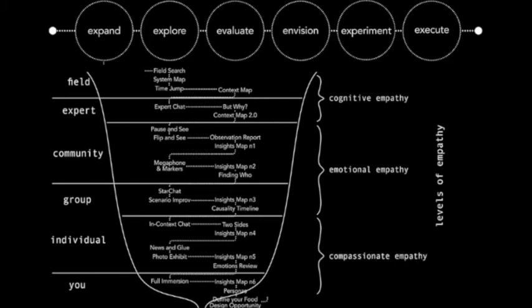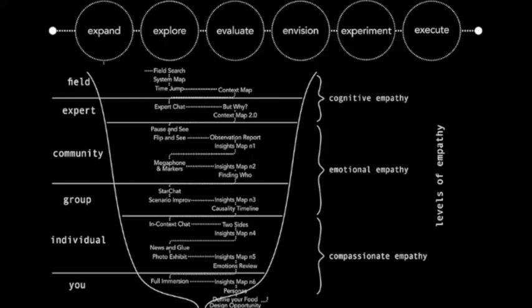And finally, the food design thinking process helps the food designers reach compassionate empathy, where not only we understand how other people feel, not only we feel how they feel, but we feel how they feel so much that we are moved to help. And I believe that when we reach this level of empathy, when we are so invested into a specific context that we are moved to help, good design happens.